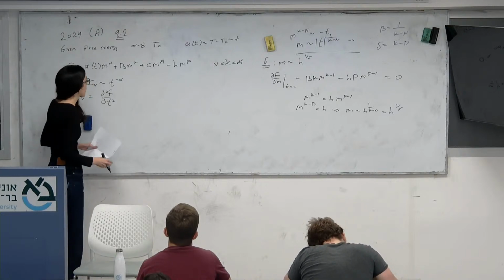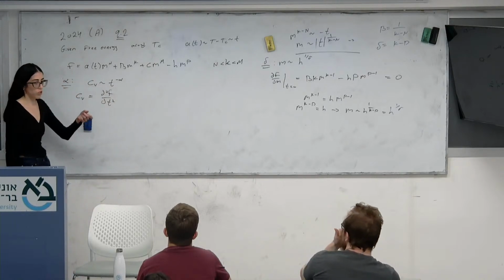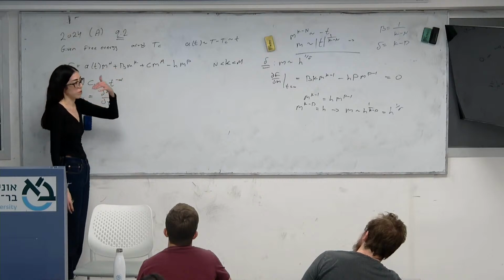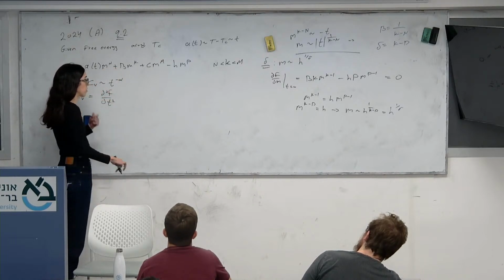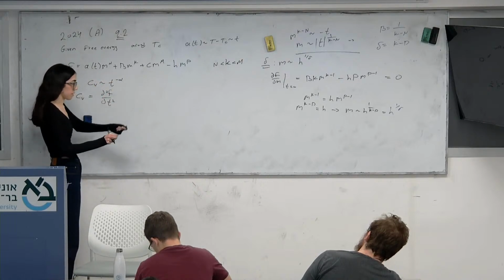So what we're going to do, if you remember, we don't have the free energy as a function of the temperature, but we have the free energy as a function of m, and we have m as a function of the temperature. So we're going to write F as a function of T, and then take the derivative.